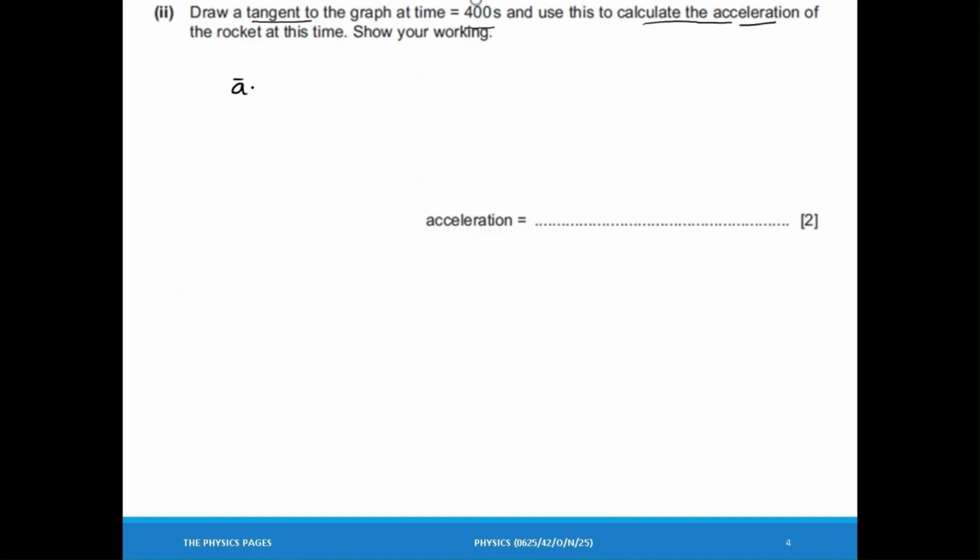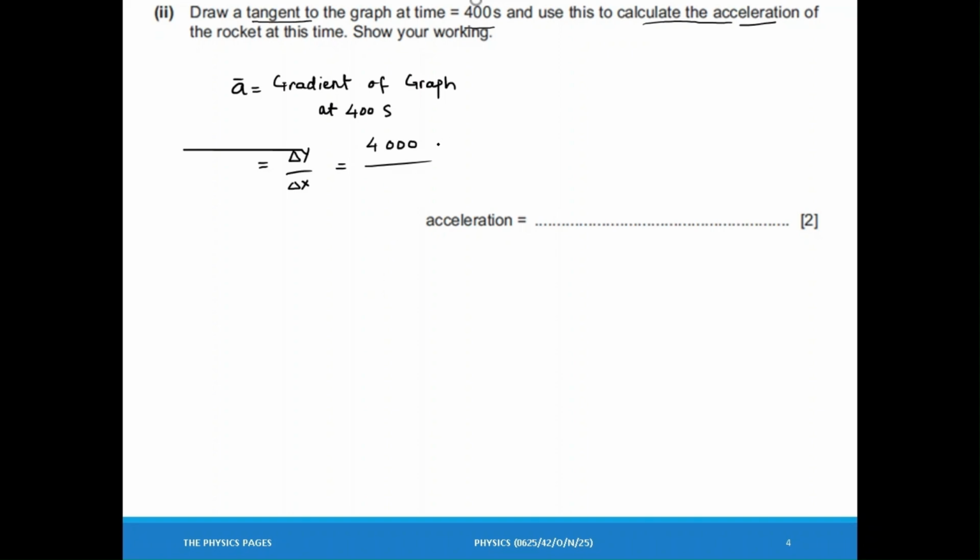Acceleration is gradient of the graph at time 400 seconds, that is rise over run, and rise we just found is 4000, and this one is the speed.